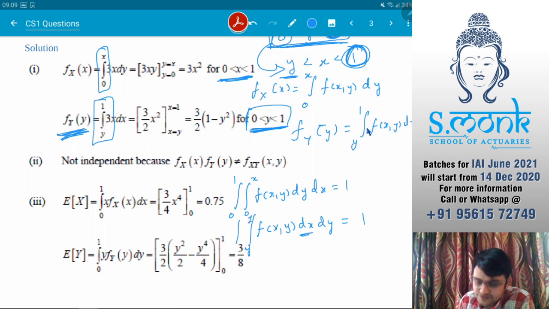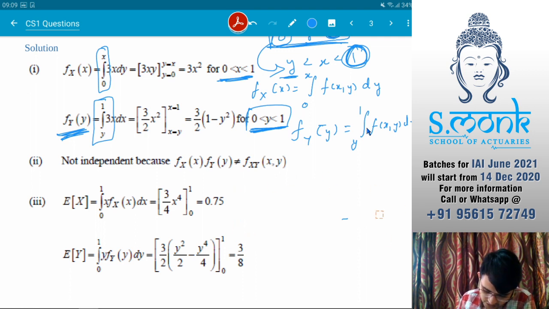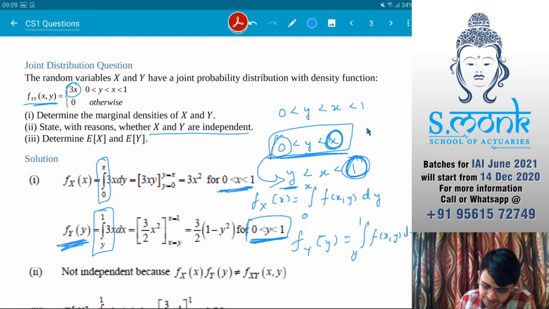Because we have substituted values of x, the second integration will go from 0 to 1. This is how we determine the limits when they are dependent on each other.